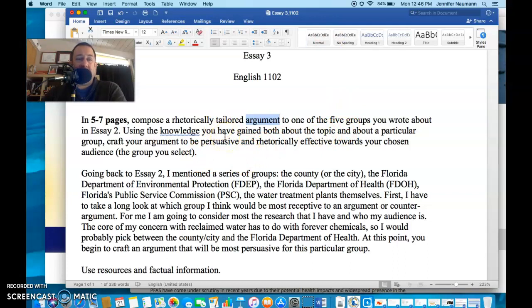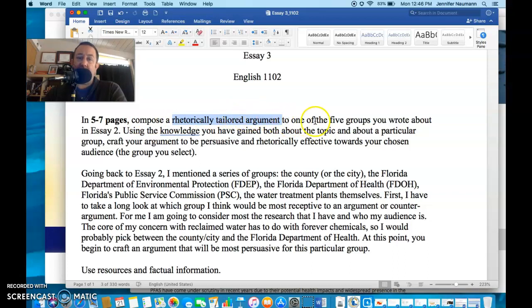It doesn't necessarily have to be an argument against, but it could be, as you'll see in one of the examples I'm going to bring up in a minute, an argument to expand something that this group does. But that's the challenge here, right? Is to tailor everything to this specific group, and you'll see the kind of challenges even in conceptualizing this. You end up doing a lot of research, which we'll talk about in a minute.